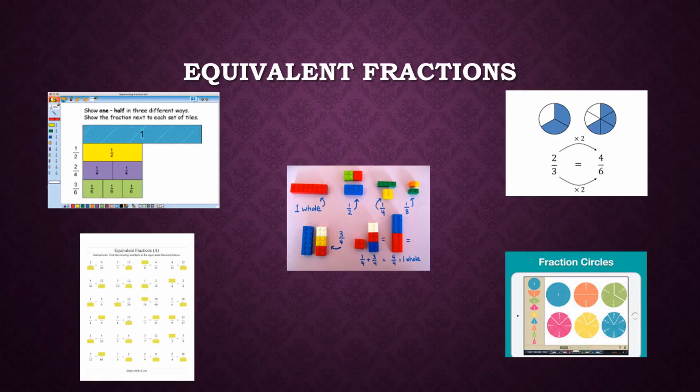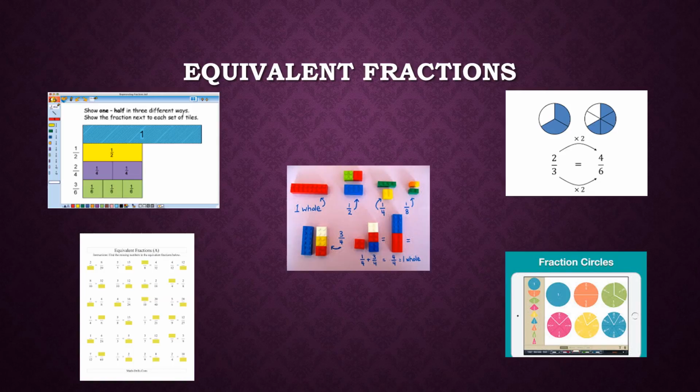And then as the students get really good with the manipulatives and seeing that, then you start working into things like what's on the bottom left, and that is fill in the missing part, either denominator or numerator, based upon the equivalent fraction size.